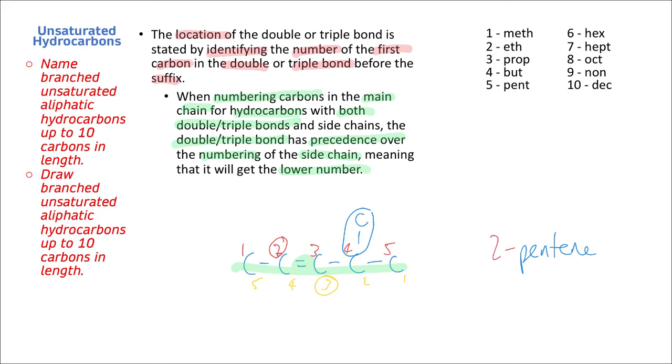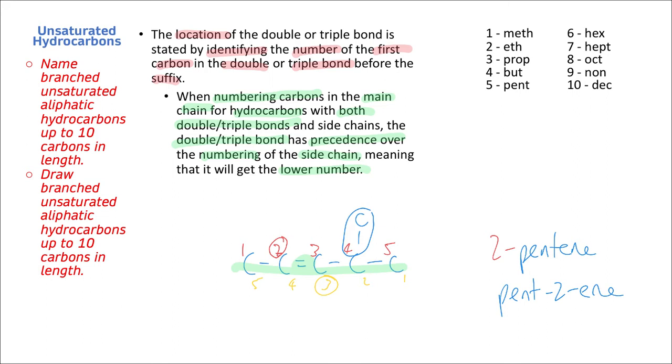This can also be written as pent-2-ene, with the number for the double bond shown either at the beginning of the main chain or in the middle of the word, showing the location just before the suffix.